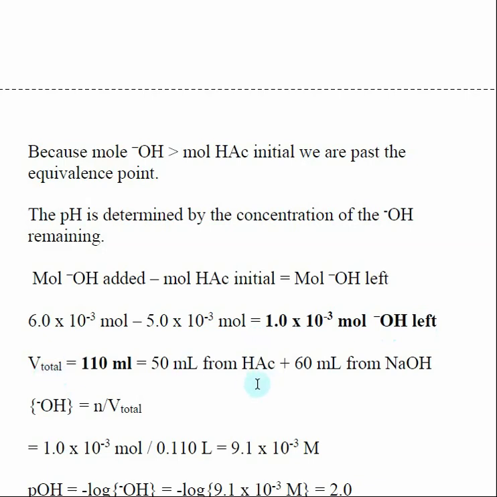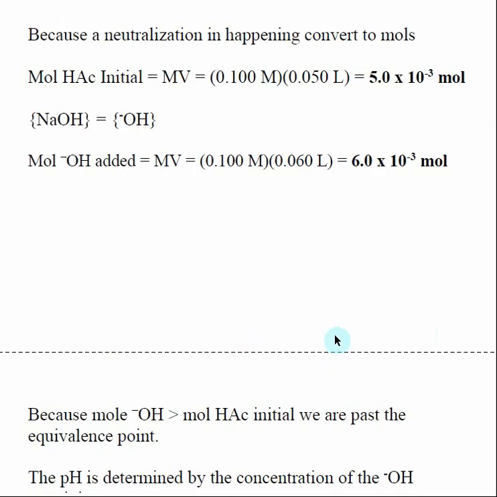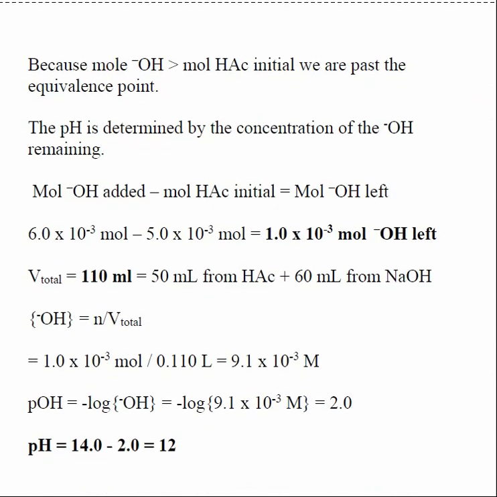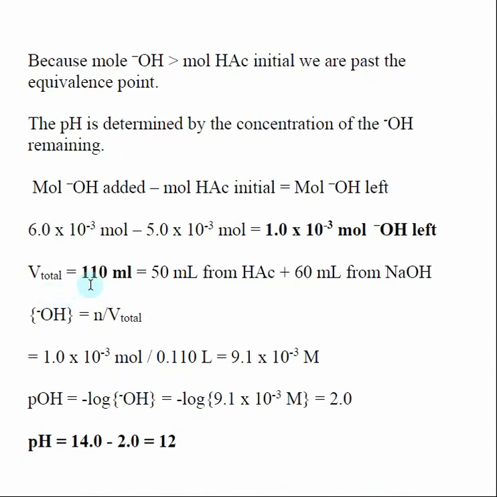Remember that the total volume is equal to the number of milliliters of weak acid we started with, plus the number of milliliters of base that we've added. In our original question, we started with 50 milliliters of weak acetic acid, and then we added 60 milliliters of sodium hydroxide. So our V total, or the total volume of this solution, is 110 milliliters. We use this to find the concentration of hydroxide.